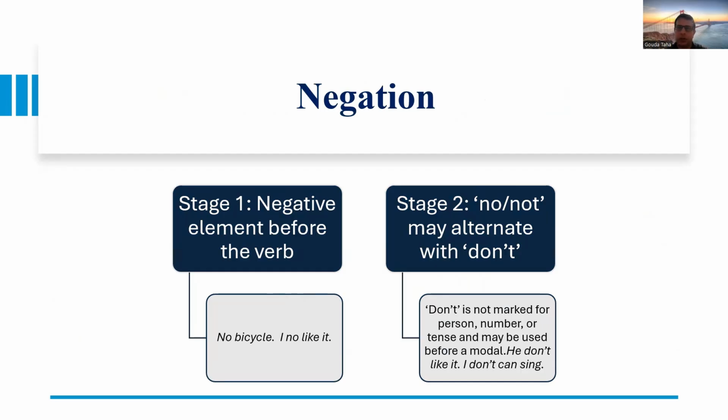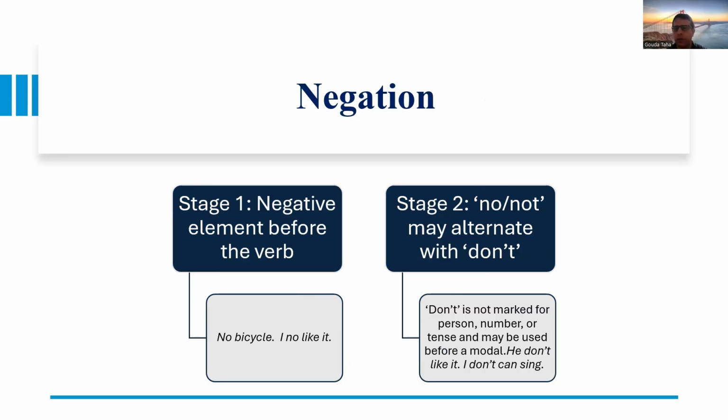One of the features that highlights how the process of second language learning is being described, analyzed, and observed is the developmental stages. So we're going to see, for example, here, how negation is developed in a second language learner process.